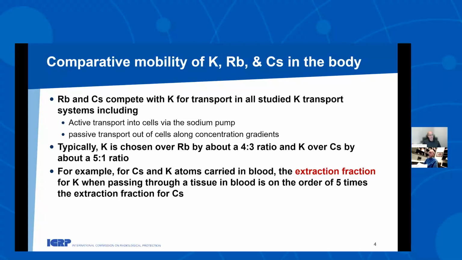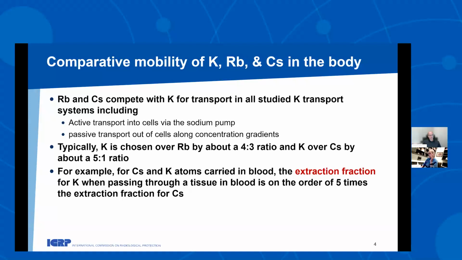The discrimination among the three elements differs somewhat with the pathway, but as typical values, potassium is chosen over rubidium by about a 4:3 ratio, and potassium is chosen over cesium by a much larger ratio, at least 5:1.